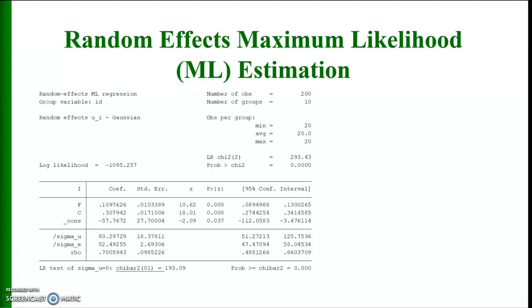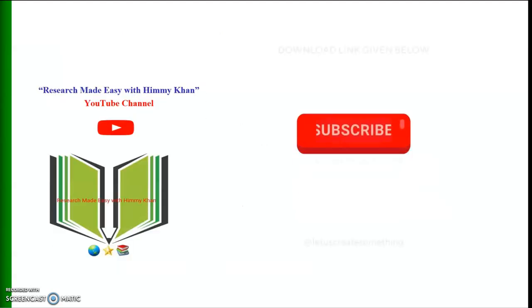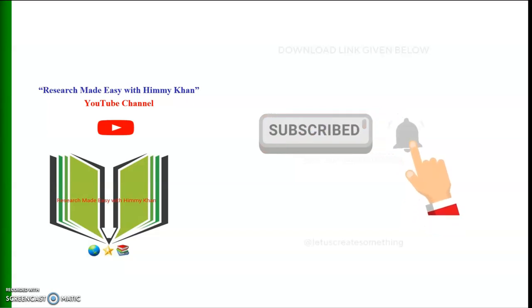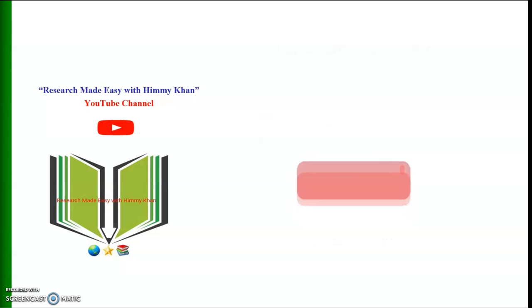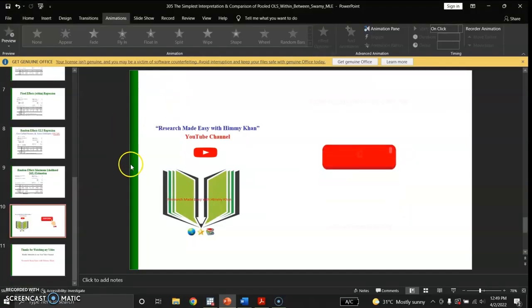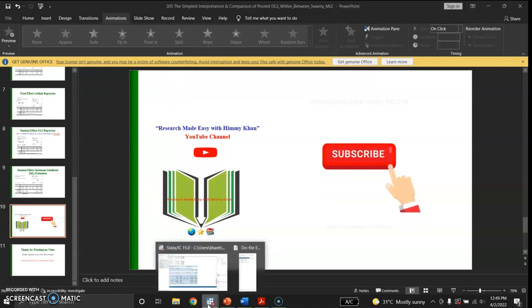So mle stands for maximum likelihood estimation. So my dear students, this is how we estimate various panel analytic models. Now let me show how we can do that in Stata.